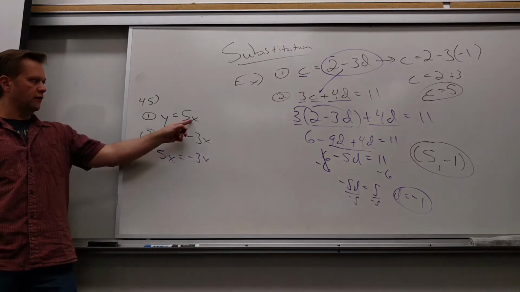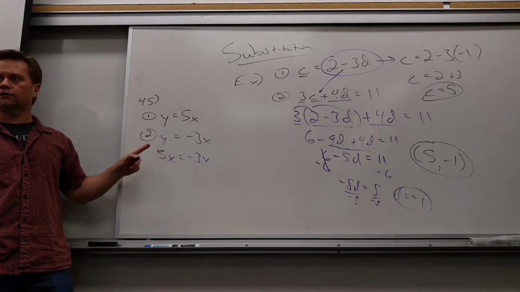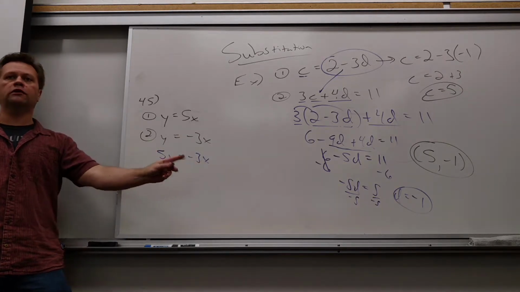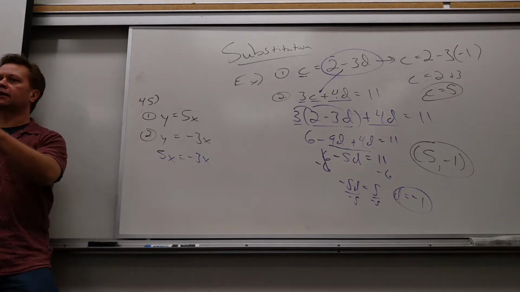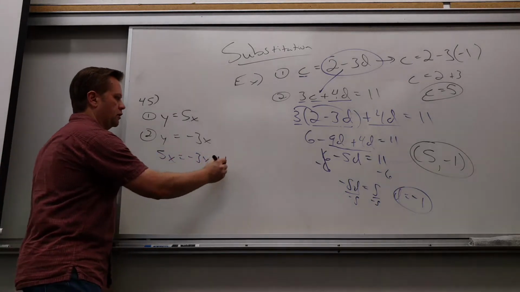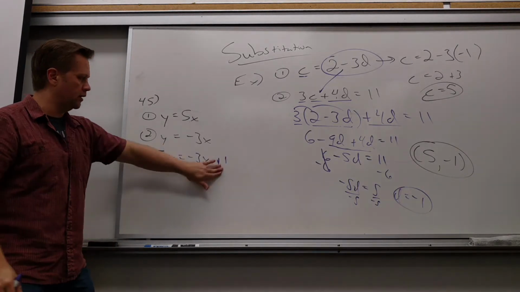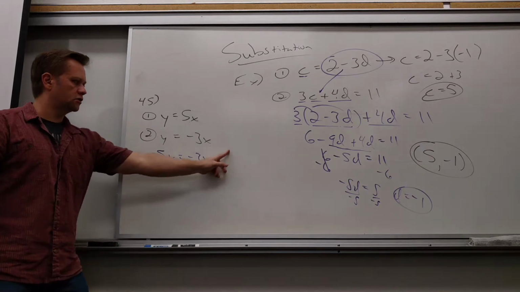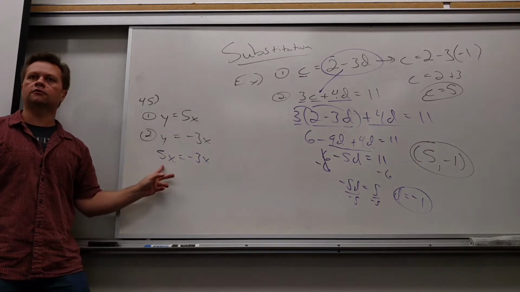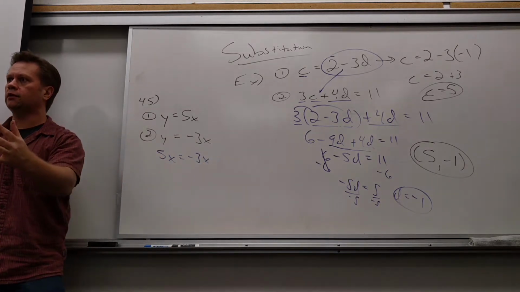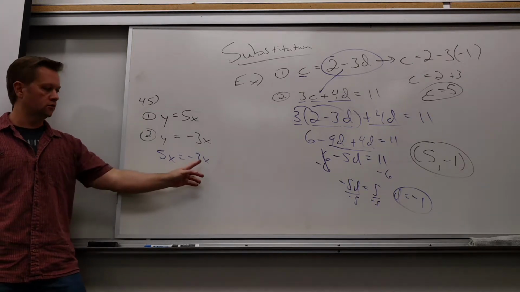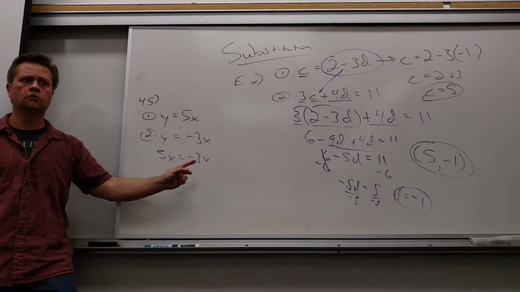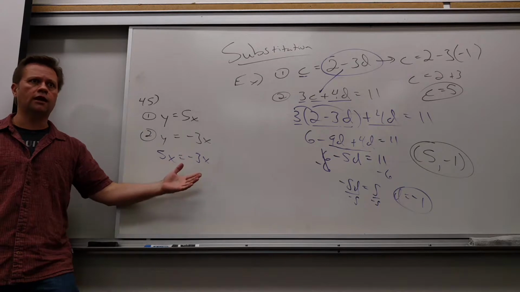I know y is 5x. I'm going to replace this y with 5x. Now this always freaks people out, but all I have to do is put a +1 there and suddenly you know how to do it. Are the x's together? That's what you're supposed to do, right? Get the x's together. How do you get these x's together? Add 3x, right.